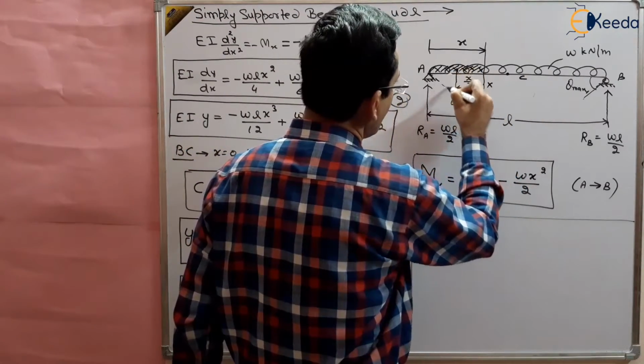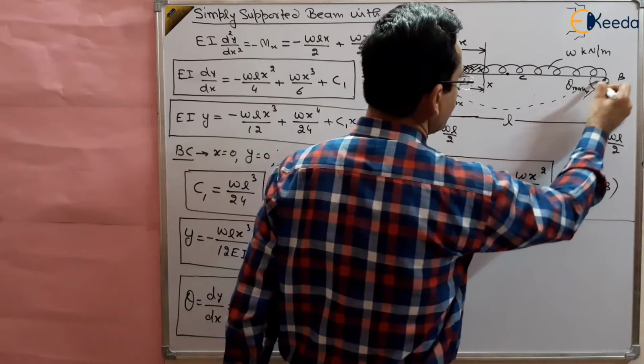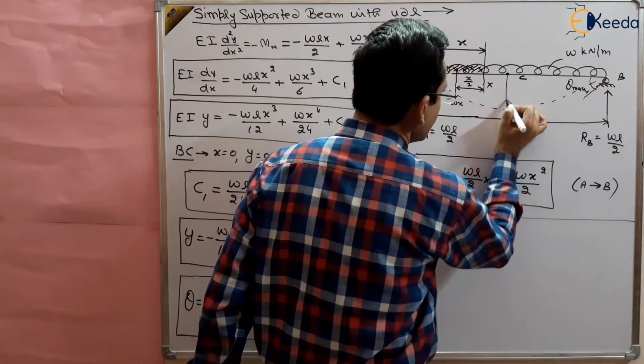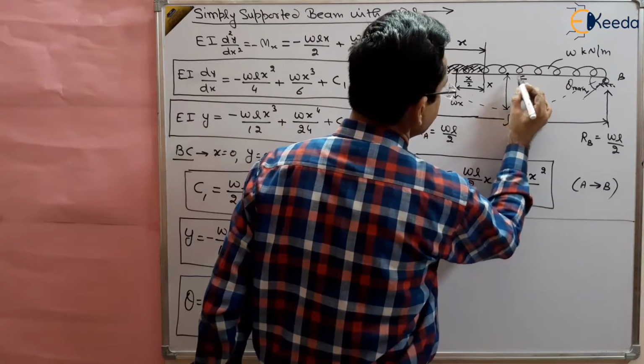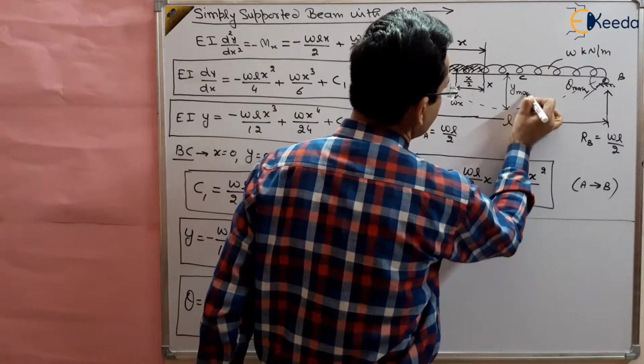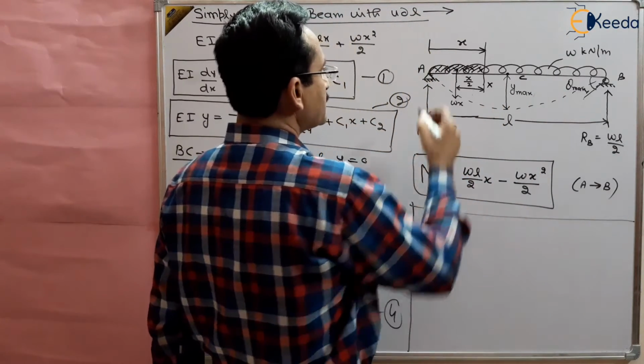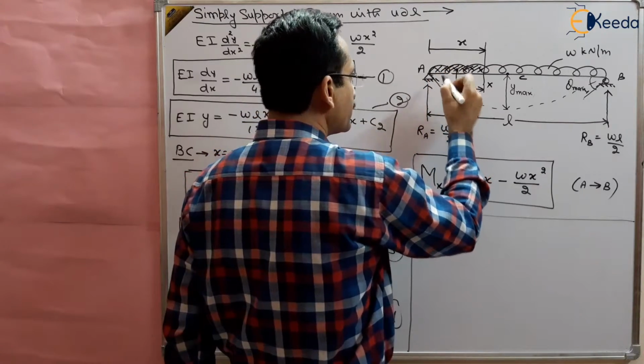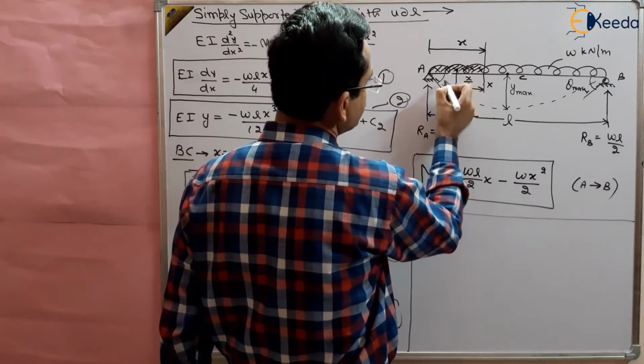If we draw this curve, the deflection is maximum at the center, this is y max, and the slope is maximum at this point, this is theta max.